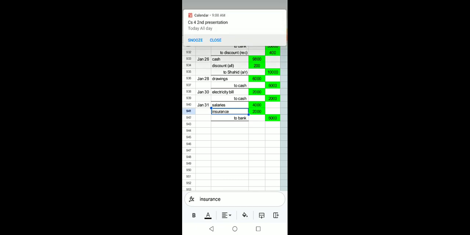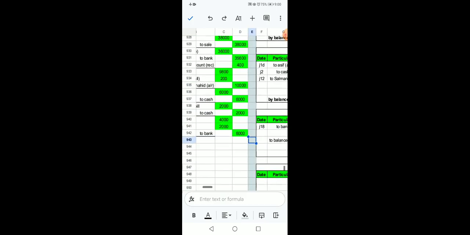Mark it as done by putting a closing line. These sums were written just for reference, and they are not needed now. You can erase them. This way your ledger number 18 for insurance is completed, and you can see this was the last element which was unmarked, and now it is marked, meaning all ledgers are completed.